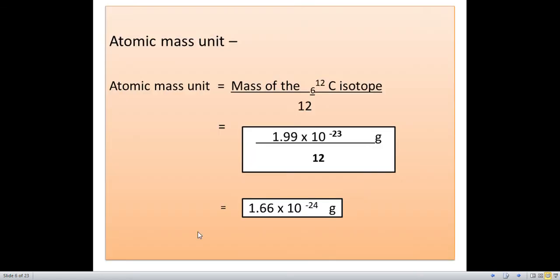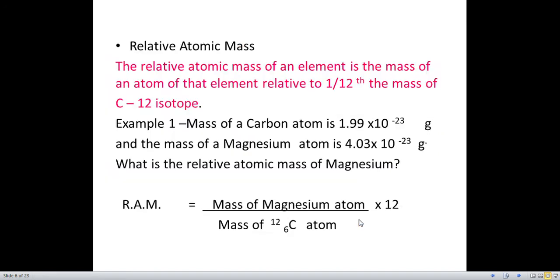Atomic mass unit equals the mass of the carbon-12 isotope divided by 12. The mass of the carbon isotope is 1.99 × 10^-23 grams. You divide by 12, then you get 1.66 × 10^-24 grams.